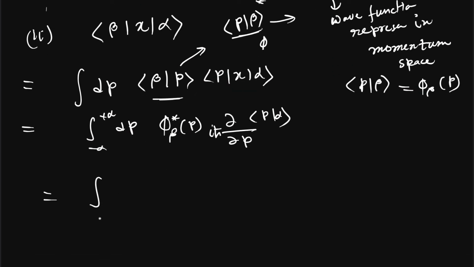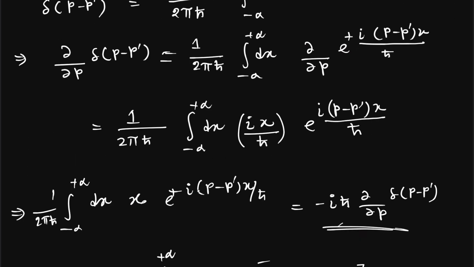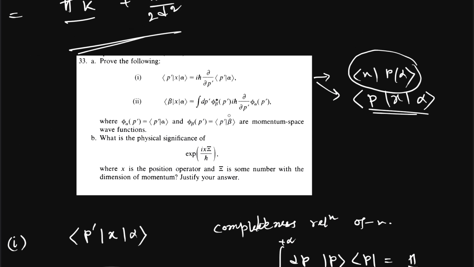That means the integral from minus infinity to plus infinity dp φ β star p iħ ∂/∂p, and this is also a wave function, φ α p. So we have solved question 2.